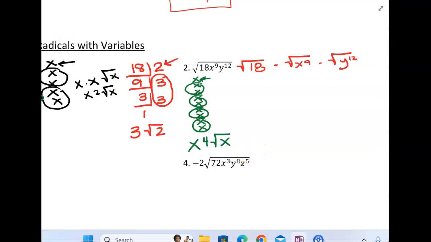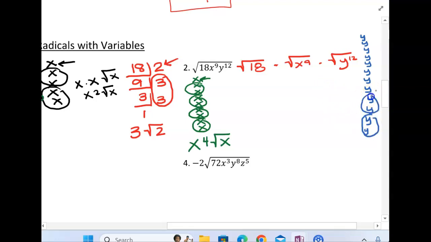Now y to the 12th is simply y 12 times. I'm going to do it over here. 1, 2, 3, 4, 5, 6, 7, 8, 9, 10, 11, 12. There's my 12 y's. Now I want to pair them up.